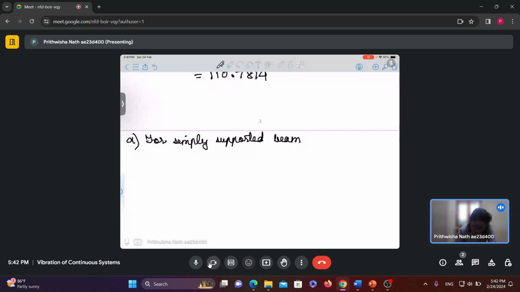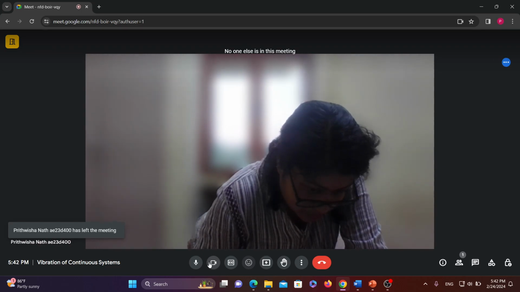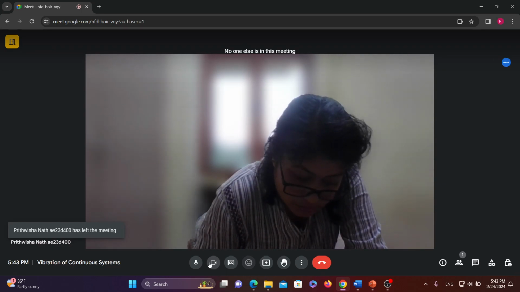Now I'll substitute pi in this expression for omega n. That is, omega 1 becomes pi squared into the value which I calculated for the square root term, that is 110.7814.